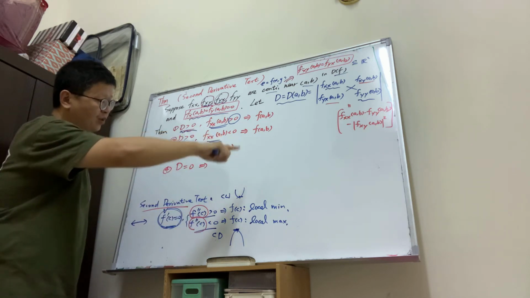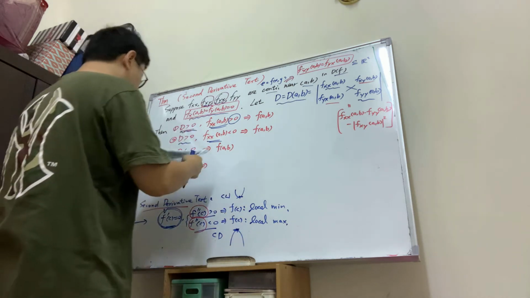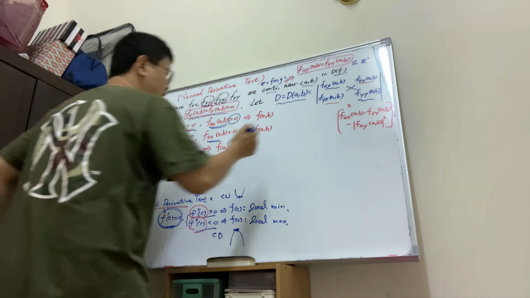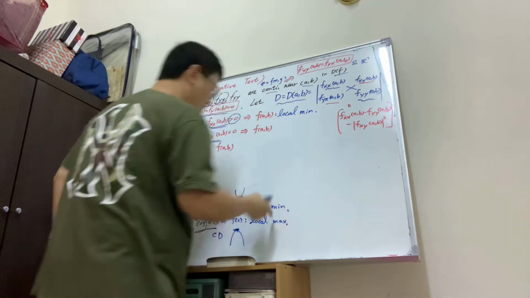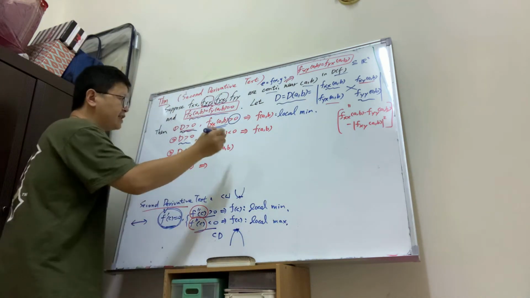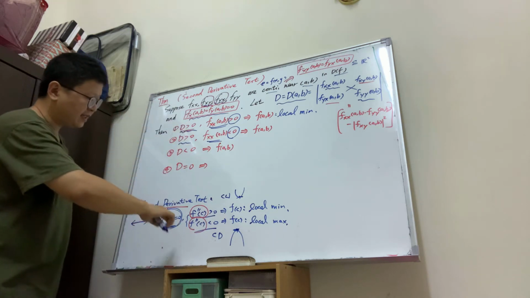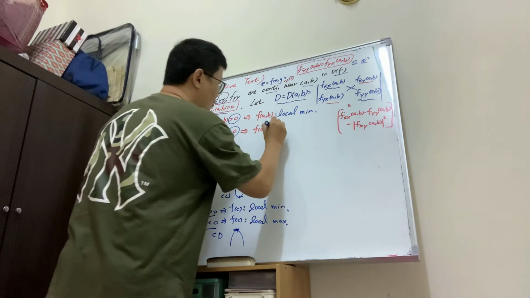It's concave upward, so it has a local minimum. Then if the second derivative is less than 0, it's concave downward, so it's a local maximum.